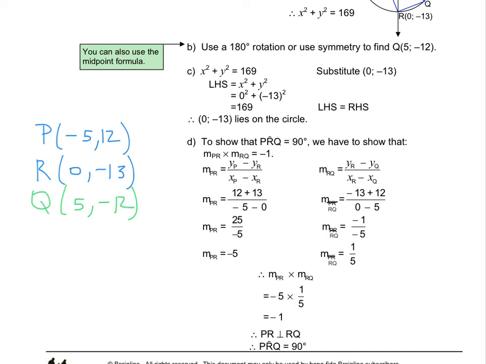And when I multiply them with one another, it gives me the minus 1. Therefore, I can now conclude that the line PR is perpendicular to RQ, and therefore my conclusion then that angle PRQ is indeed equal to 90 degrees.